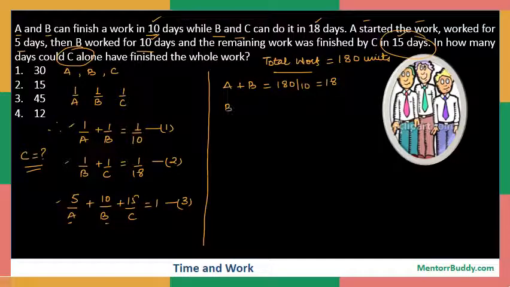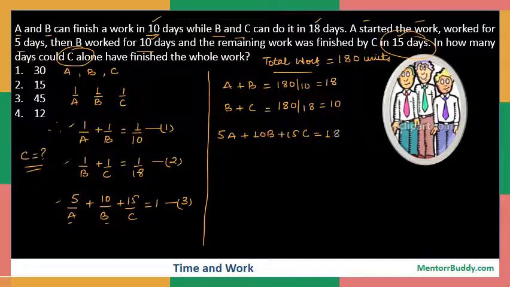Similarly, B and C can finish 180 by 18, that is 10 units of work in one day. Now A worked for 5 days, so it is 5A, plus B works for 10 days, 10B, plus C finishes the remaining work in 15 days, 15C, and the work gets finished, that is 180.